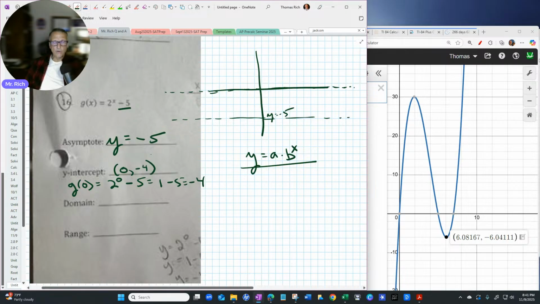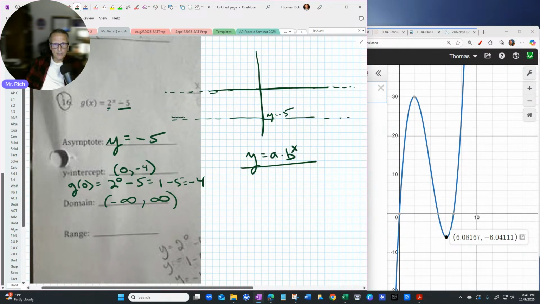Now, the domain and range are going to be simple because for exponential functions, the domain is always going to be negative infinity to infinity. No restrictions on the domain of exponential functions. Now, the range is going to be limited because of the fact that there is a horizontal asymptote, and it's going to be on one side of the asymptote. Now, this function is exponential growth because that base is larger than 1.